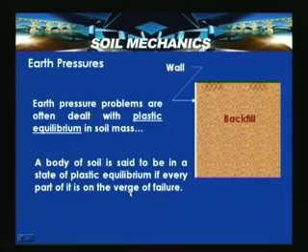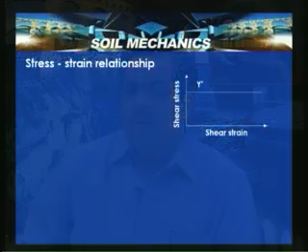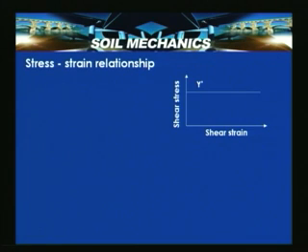This can be visualized by a rigid perfectly plastic model for the stress strain relationship. Here a graph is shown of shear stress versus shear strain, and at zero shear strain itself, it attains the yield shear stress.